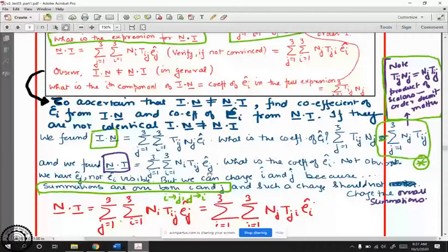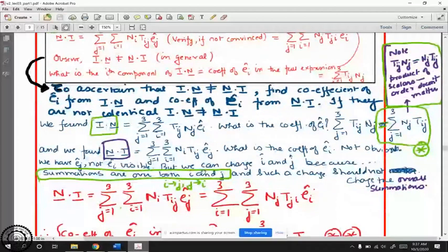Here Ei is not visible, but we can change i and j because summations are over both i and j, running from 1 to 3. So I can interchange i and j consistently. If you change all i's to j and all j's to i in an expression like this, the overall quantity should not change.